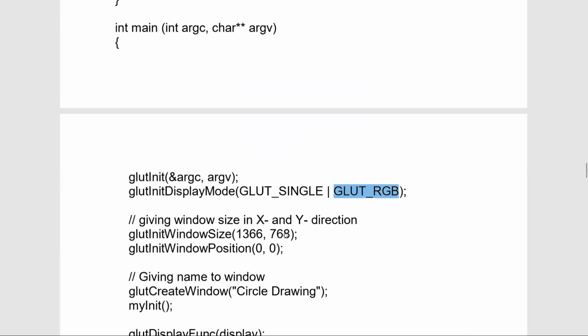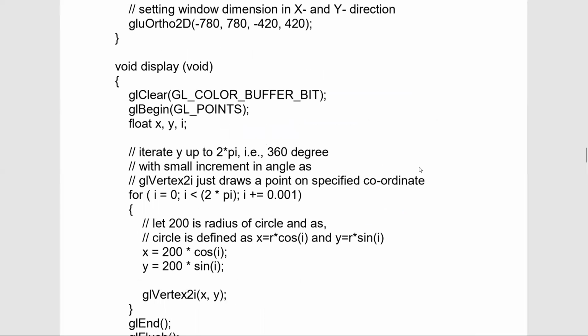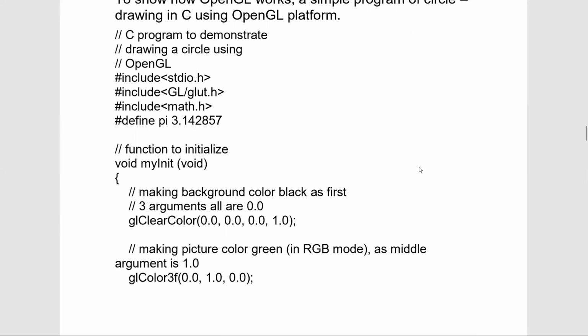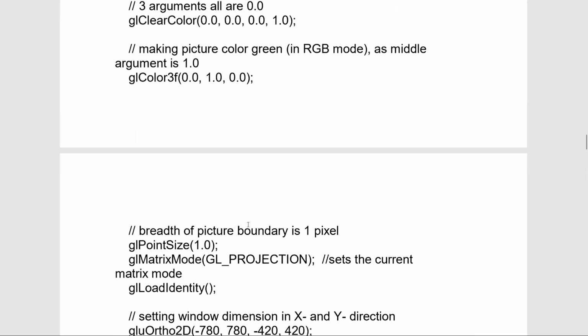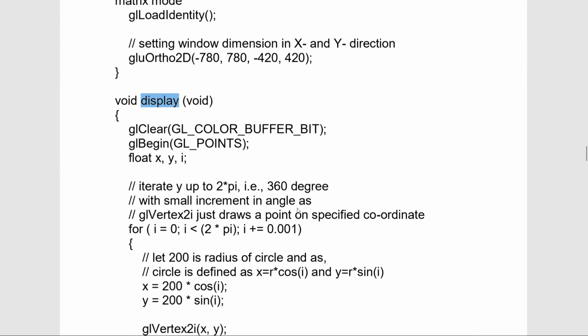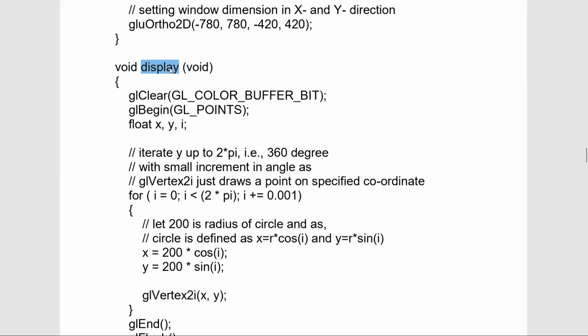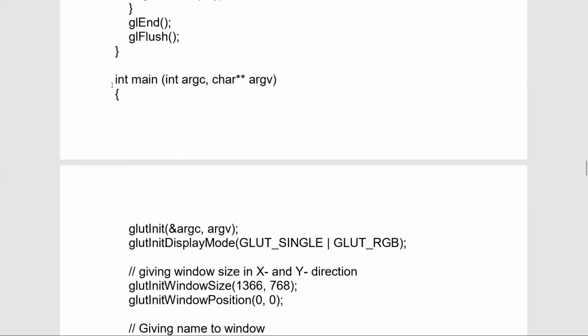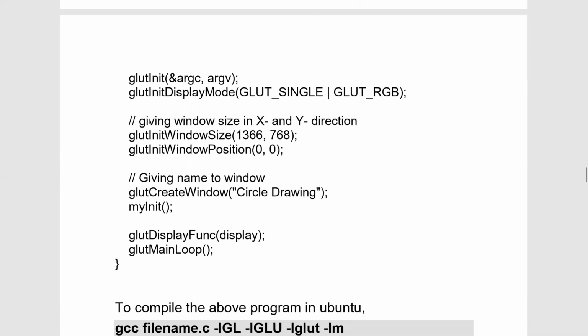I hope we have understood the parts of the sample program we have written: my init function, which is a user defined function, the display function again a user defined function which is able to generate a circle, and the main function, which has the typical structure that is followed in all programs supporting OpenGL.